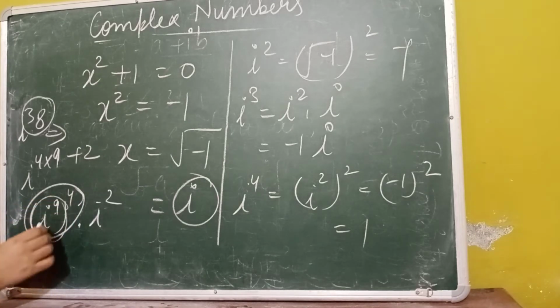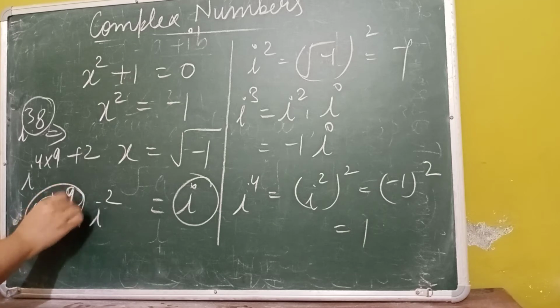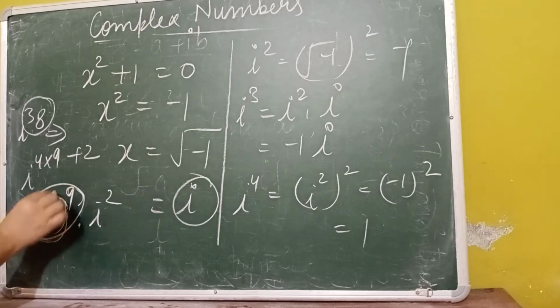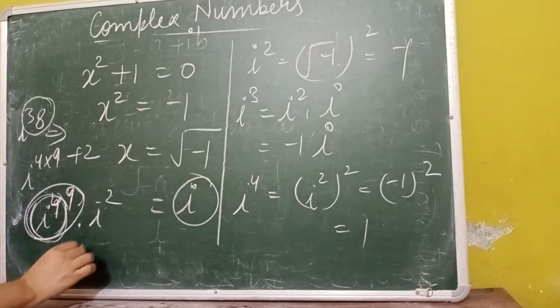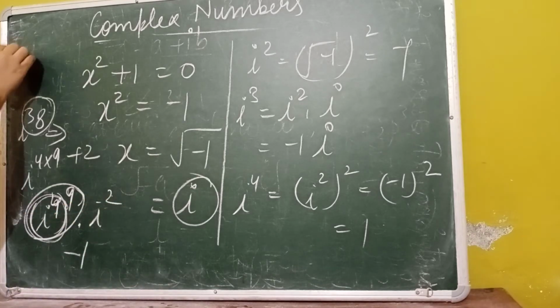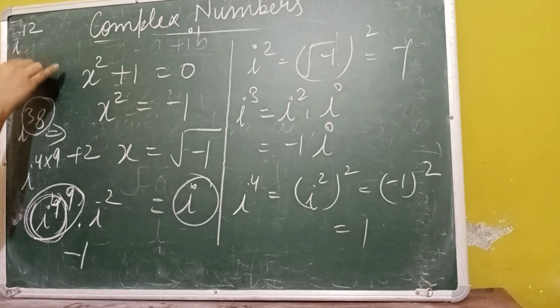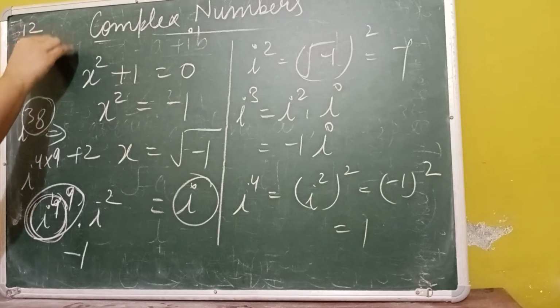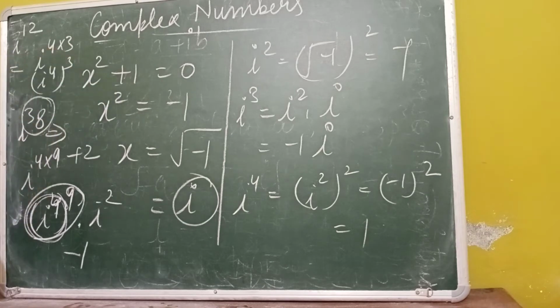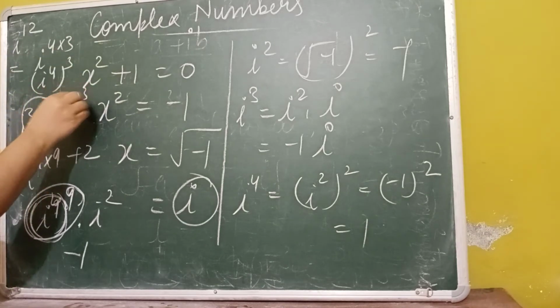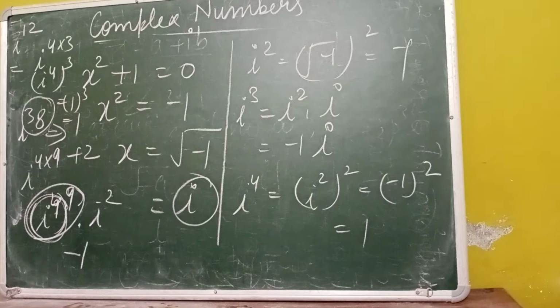So it will be 1 power 9 into i square, which is minus 1. If they are asking for i power 12, we can write it as i power 4 whole power 3. That means it's 1 power 3, so it will be 1.